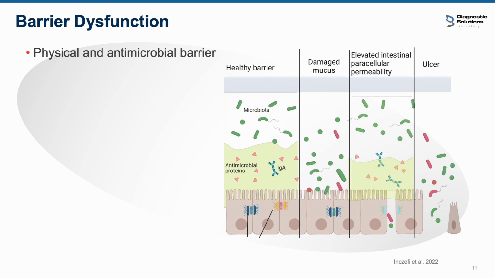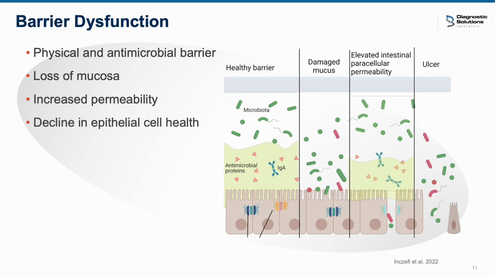This is very protective for our immune function and is absolutely necessary for maintaining an anti-inflammatory state in the gut, as well as a healthy microbiome. So with inflammatory bowel disease, we see a loss of mucosa. We see increased permeability between the cells, and we see a decline in the health of our epithelial cells, or the cells lining our GI tract.